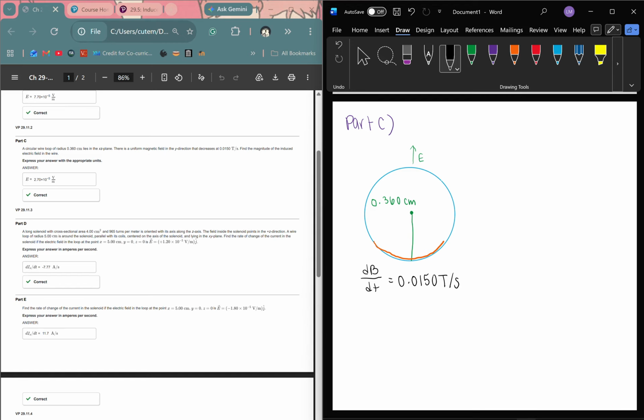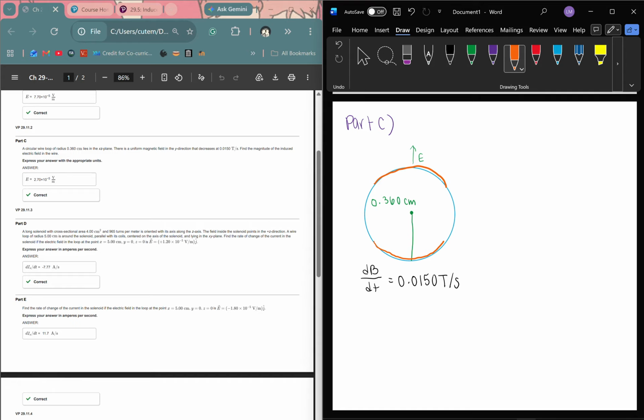The dot here represents the center of the solenoid, and the small arrow from the center to the point is the radius. And the curved arrow, as best I can draw, is the induced electric field.